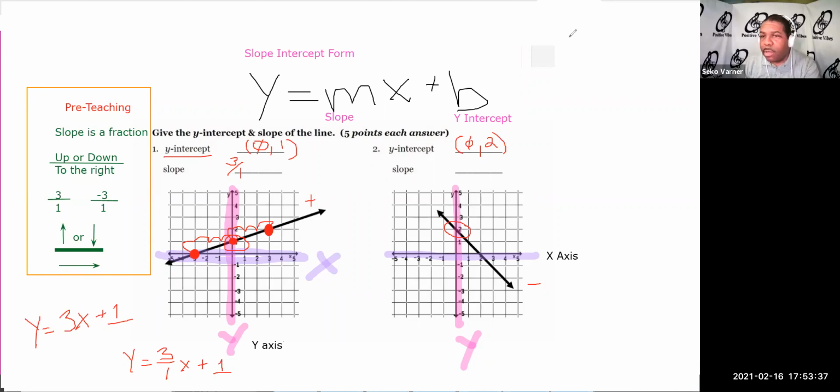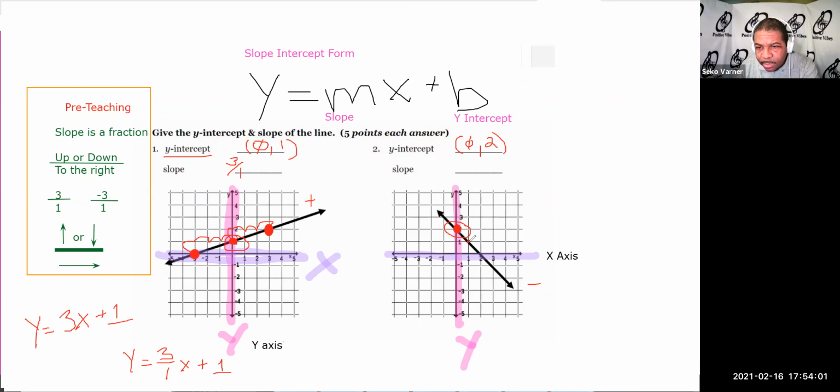Let's answer number 2. Well, we've already done the y-intercept. Our y-intercept is right here at 2. Okay, so now we need to find out what the slope is. So this one is a negative line. It's a negative slope. So to get to the next point, where's the next point?